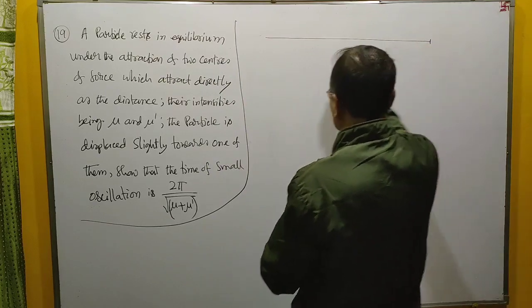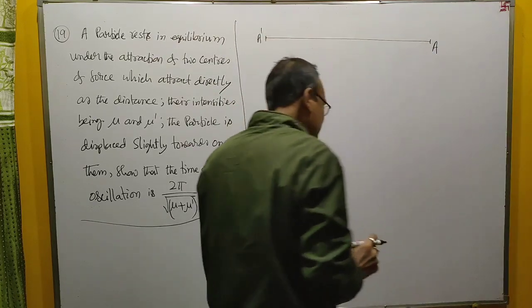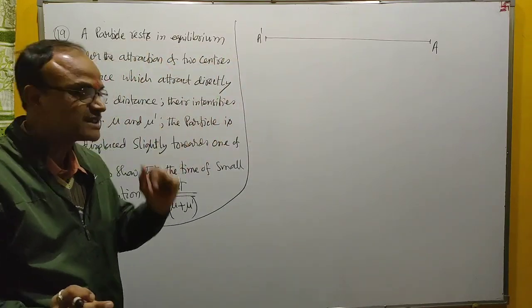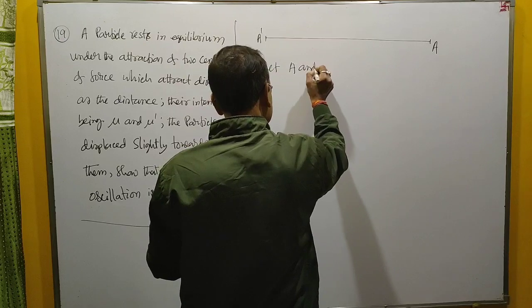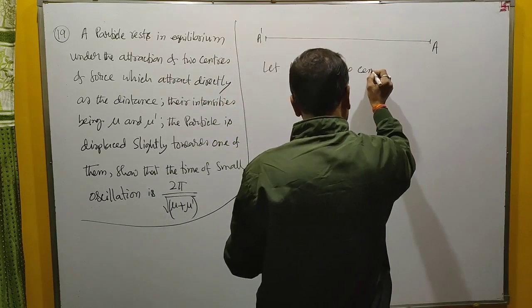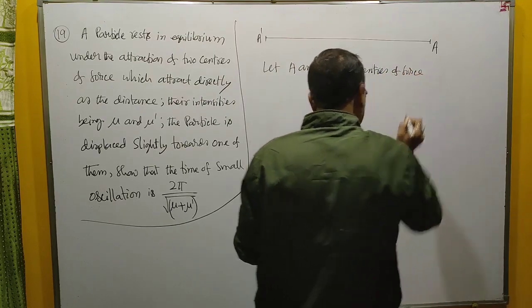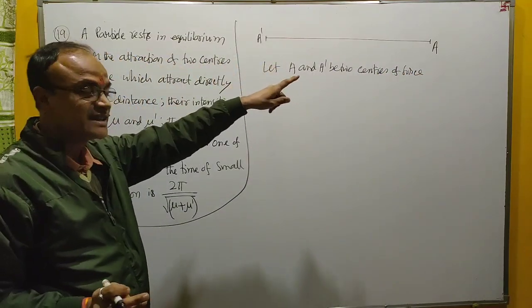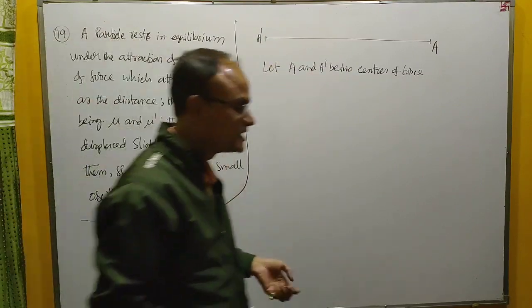Let A and A dash be two centers of force. The intensity of A is mu, intensity of A dash is mu dash.